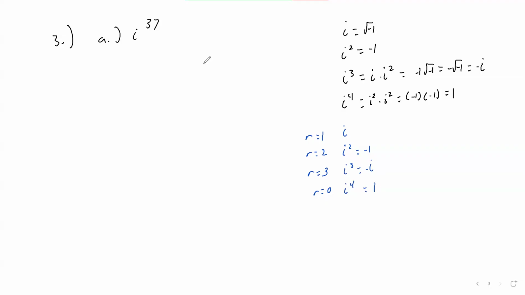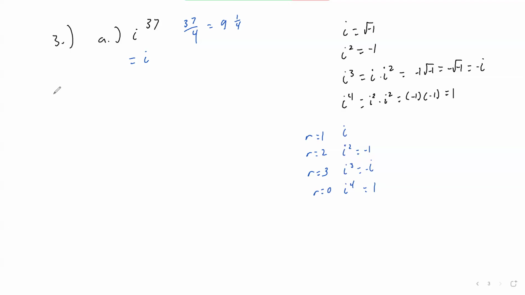And what I mean by that is we're going to take whatever this exponent is, and we're going to divide that by 4. Well, 4 goes into 37 9 times with a remainder of 1. Right? So that 1 tells me then this answer is just i, without me having to do all that work and count.